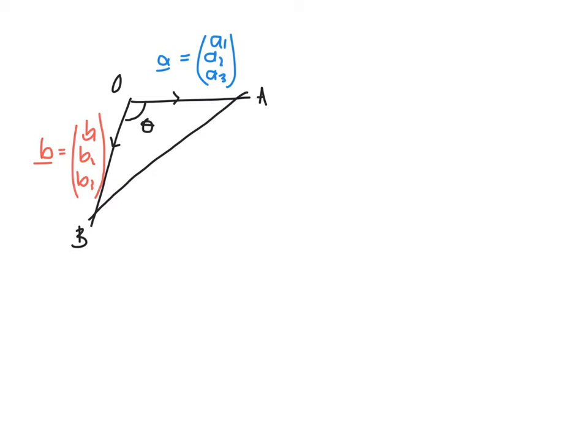Now, if we're trying to find an angle, we know that the cosine rule tells us we need to have three sides. So I'm going to have to calculate this side AB. And AB, we know, would be B minus A. So it would be B1 minus A1, B2 minus A2, and B3 minus A3.